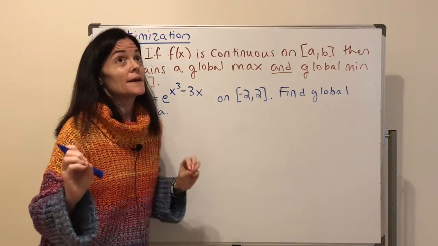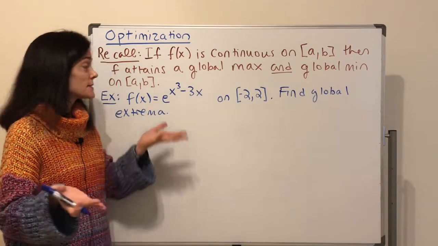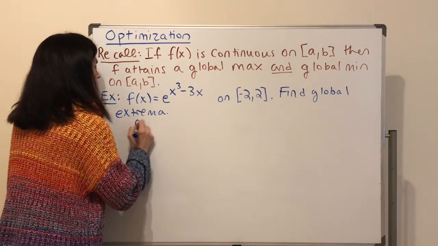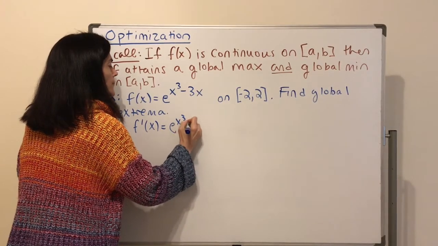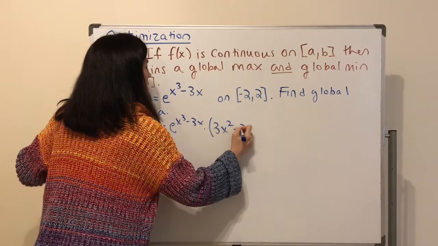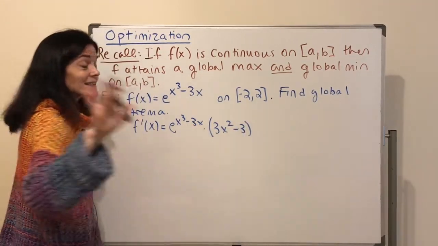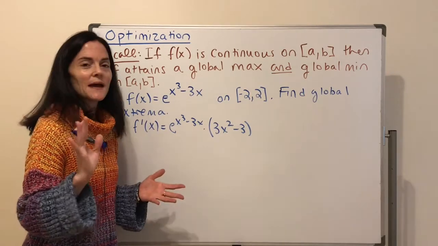What do we do here? Well, the first thing that we need is to find critical points, and this involves calculating the first derivative. Here, this is a chain rule. The derivative is e to the x cubed minus 3x times the derivative of the inside function, which is 3x squared minus 3.